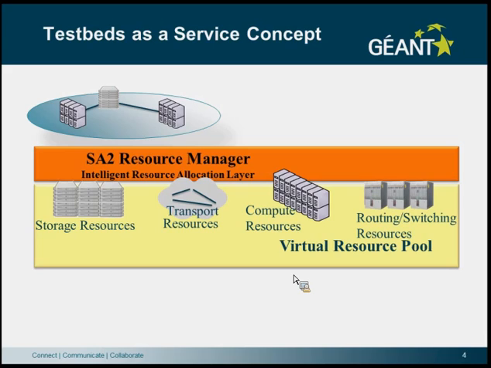In this resource pool, various predefined, pre-configured resource types are sitting, like storage resources, transport resources, computing resources, routing and switching resources. And basically the resource manager has an overview of all these virtual resources, and what the resource manager does is go out and pick all the resources according to your needs, according to your description.